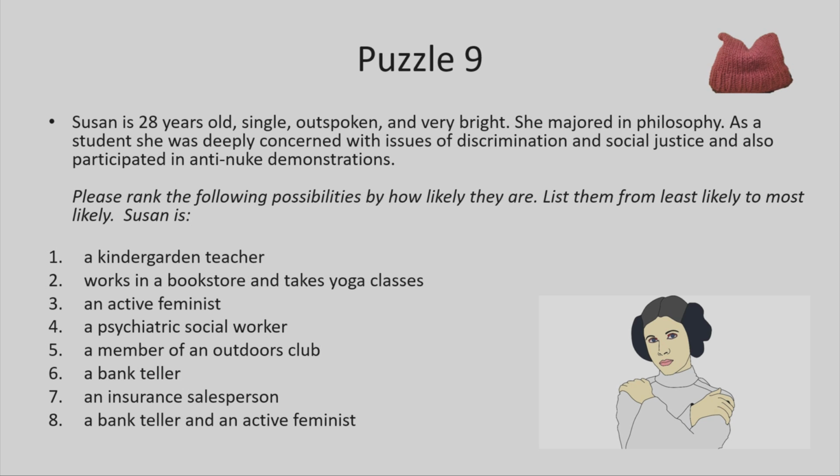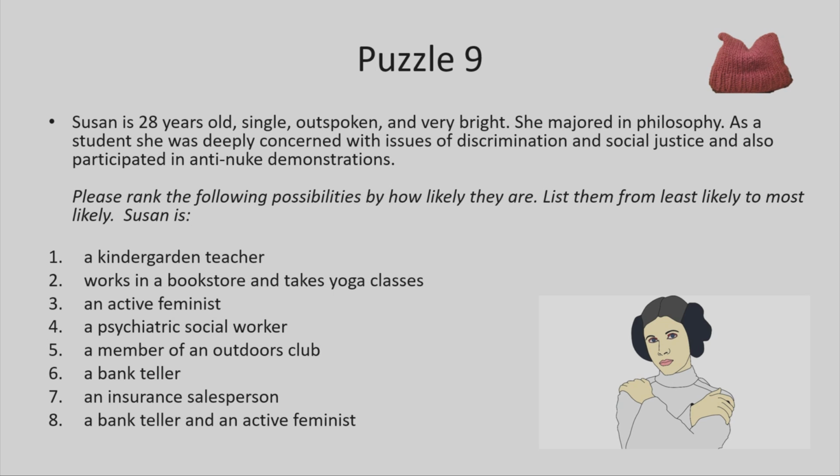Think about a kind of stereotype person. Susan is 28 years old. She is bright, outspoken. She majored in philosophy and is concerned with discrimination and social justice, and participated in demonstrations. You could fill in the other details of the stereotype.